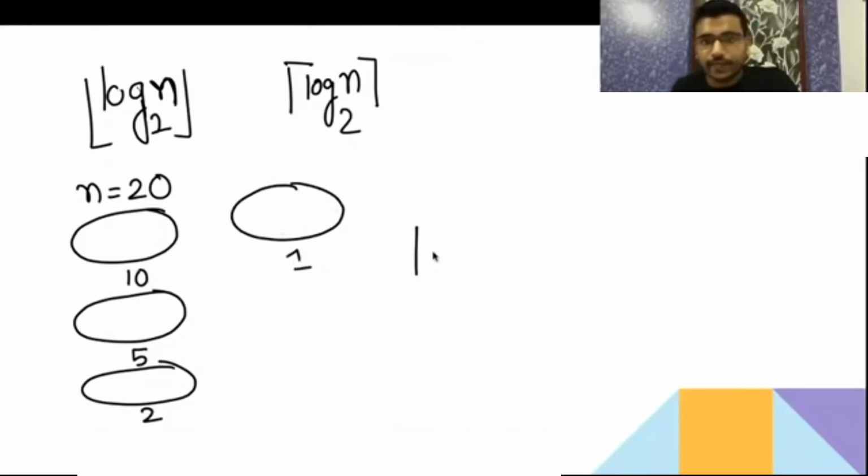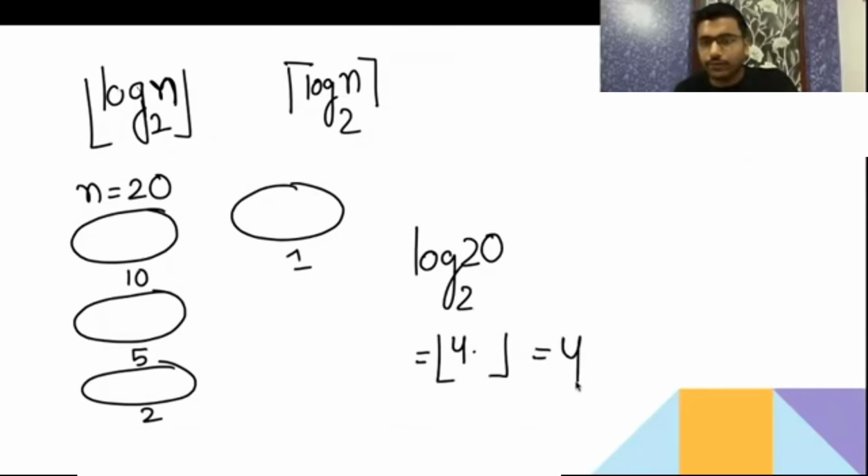So if you take log 20, you are going to get 4 point something. If you take the floor, then you are going to get 4. But if you take the ceil of that, you are going to get 5. So which one should you choose, log n base 2 floor or ceil?